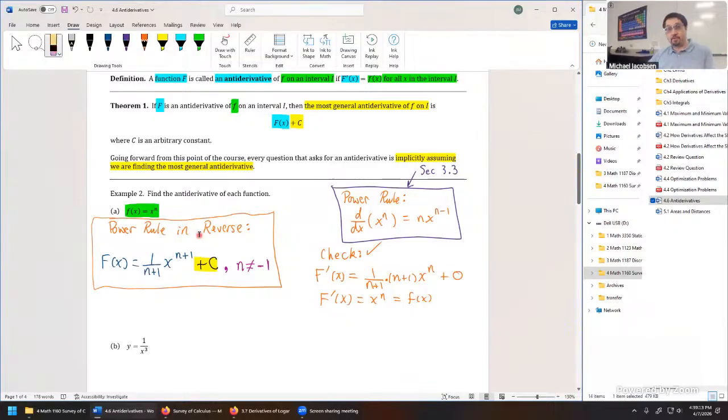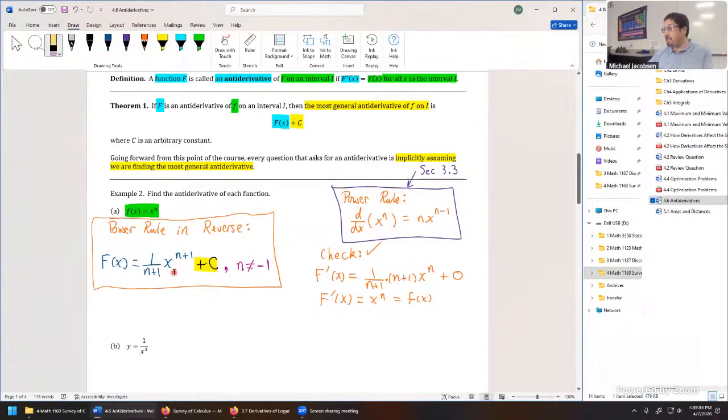So this is really our first big formula as far as antiderivatives go. But the good news about antiderivatives is this part right here is essentially just the check. Any formula or any problem you solve, you can find out really fast using methods in 3.3, 3.4, 3.5, and so on, just by differentiating your answer.